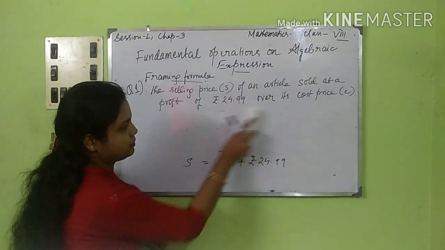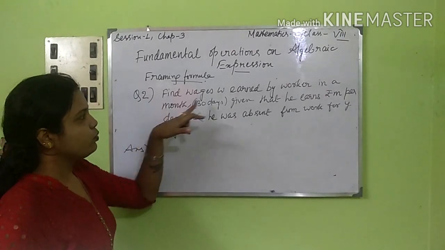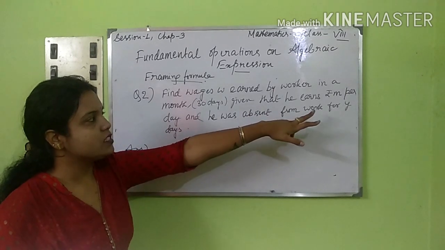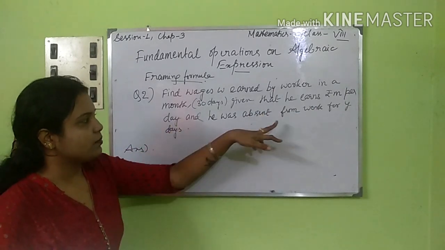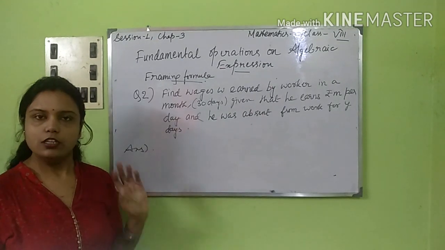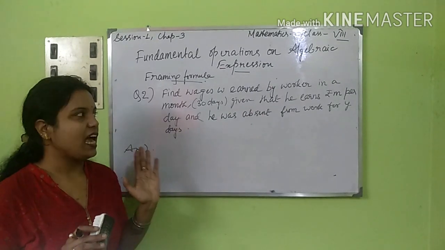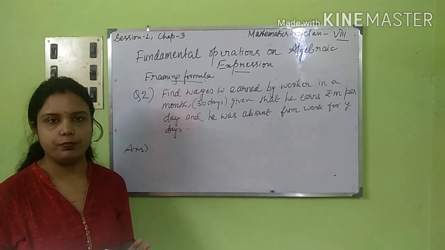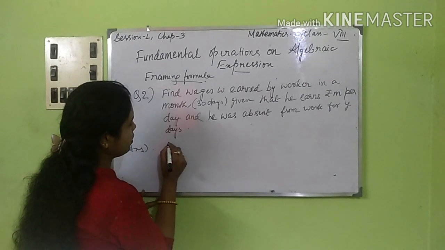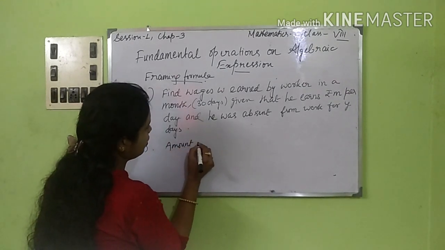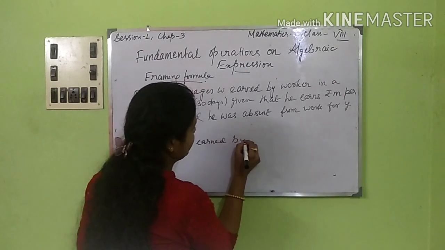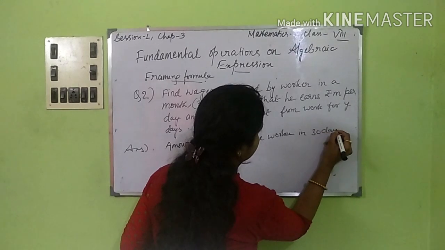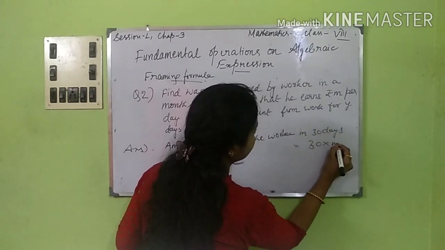Okay, next. Now the second question. Find wages W earned by a worker in a month of 30 days, given that he earns M per day and he was absent for work for Y days. So in a month there are 30 days and the worker is earning a wage of M rupees. So that means amount earned by the worker in 30 days will be 30 into M, right?